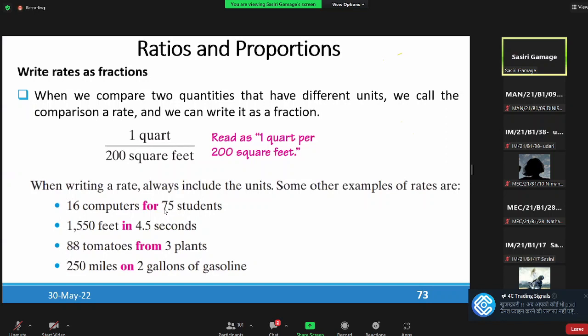When we measure something, we need units. For example, for weight we have kilograms, grams, pounds. They are units. Then for length, we have meter, centimeter, inches. They are the units. Then for temperature, we use Celsius, Fahrenheit, Kelvin. They are the units.